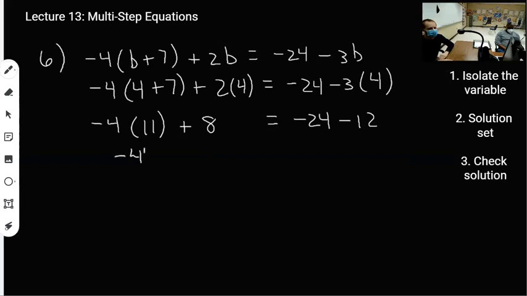That's going to give me negative 44 plus 8. On the other side, I have negative 24 minus 12. That's minus 36. And then on the left side, the last thing to do is to add these two numbers up, and you get that negative 36 equals negative 36, as you want. So we get that true statement.